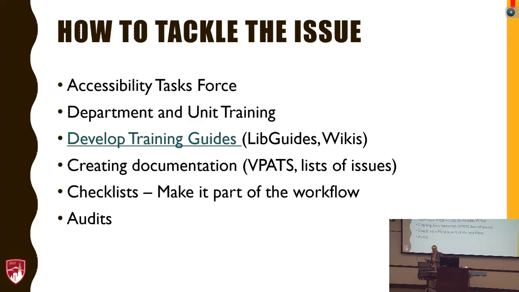And what we did at the beginning was an audit of the services and how this is going to impact every department of the library. So collections. What does collections need to think about in order to make every single book that we lend accessible?